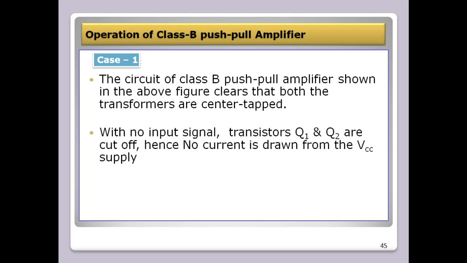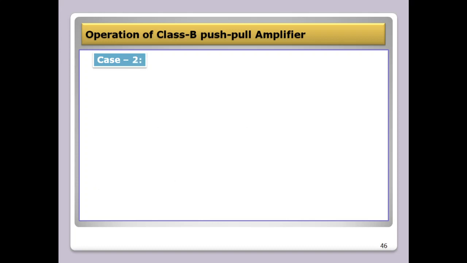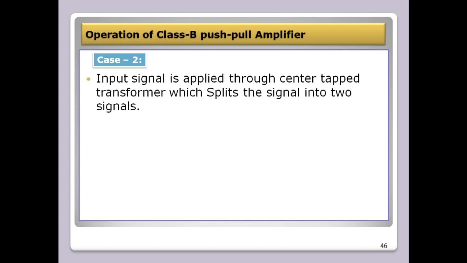With no input signal, as the transistors Q1 and Q2 are biased at cutoff, no current flows, which means no current is drawn from the VCC supply. As no current is drawn from the VCC, no power is wasted, because the power amplifier converts the DC power to AC power, and the DC power is supplied from the VCC here.